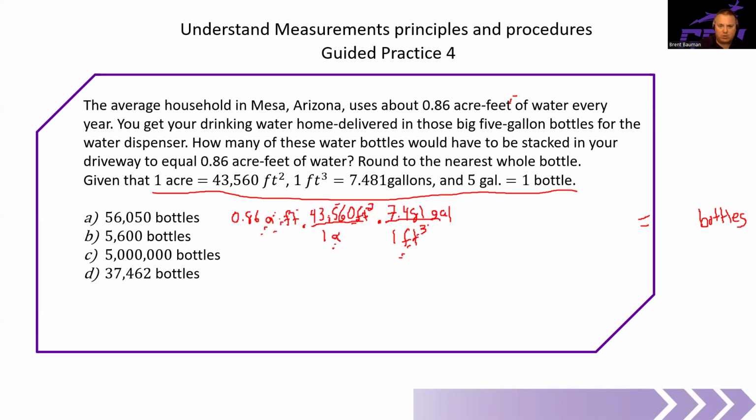So now we're only left with gallons and we're trying to get the bottles. We have one last ratio to set up, and we have 7.481 gallons per 1 bottle. So our bottles are in the numerator, which is what we want, number of bottles. Our gallons are going to reduce here.